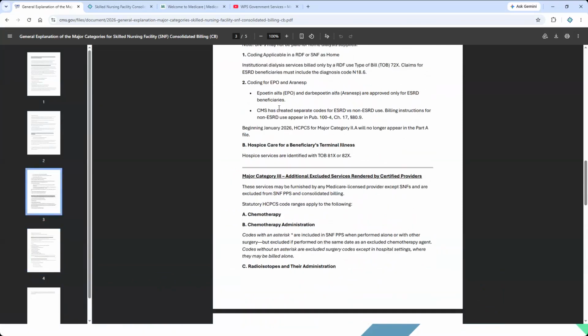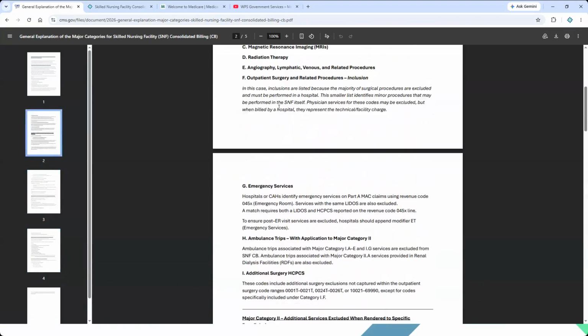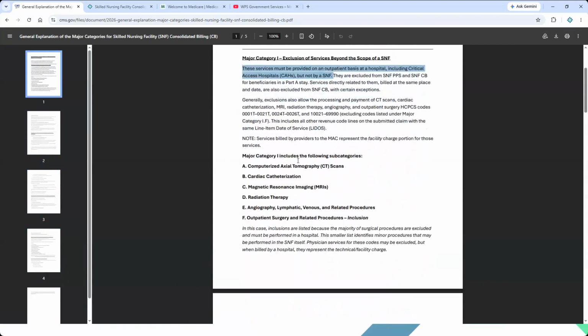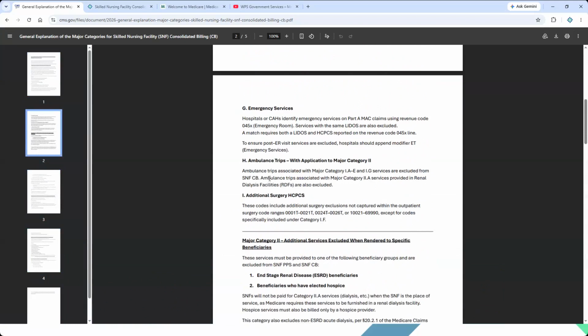And you need to make sure, getting back up here, that you are in major category 1, that you're following all the criteria, and that you scroll down. What we're looking for is ambulance services associated with A through E and G. Remember, F was the included, so of course you don't look for that. If it's any of those, then those are excluded from consolidated billing.